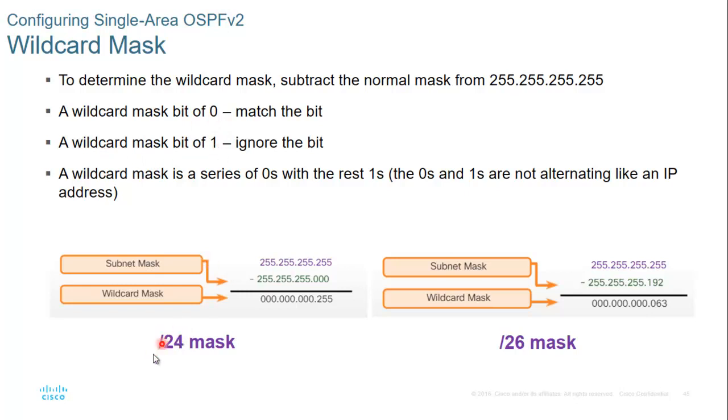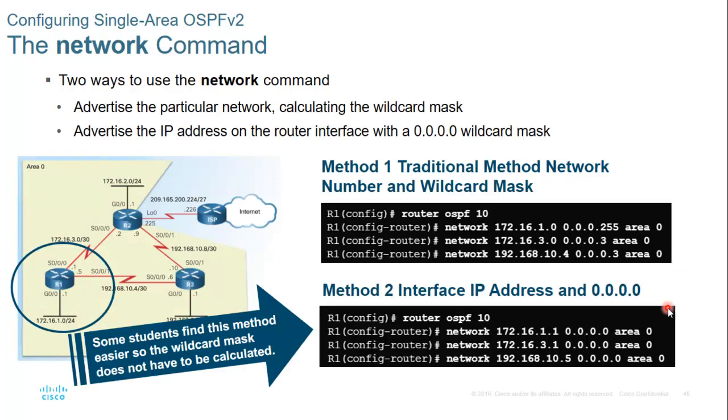So here you will see a /24: 255.255.255.255 minus 255.255.255.0, which is /24, and this is what you get for the wildcard mask. If you remember, wildcard mask is sort of like the opposite of subnet mask. So here the subnet mask is /26 and the wildcard mask you get is 0.0.0.63.